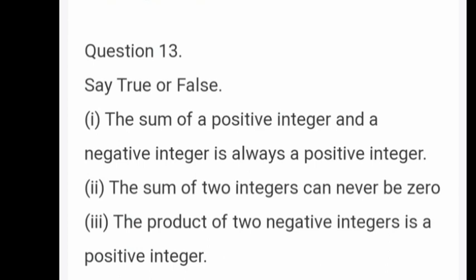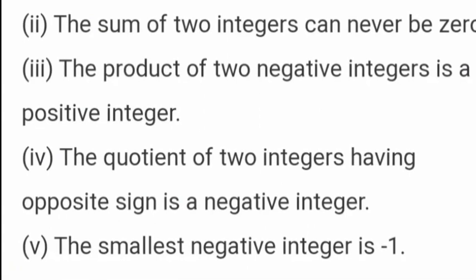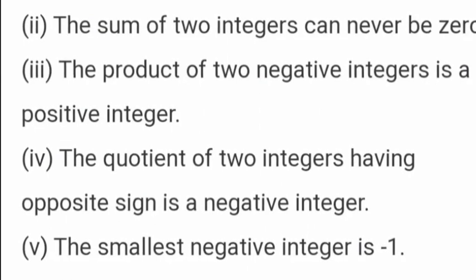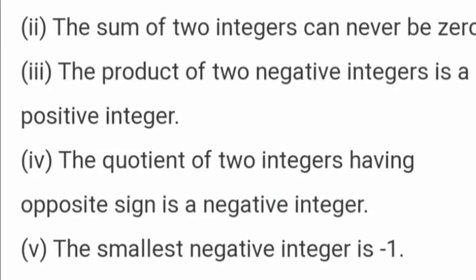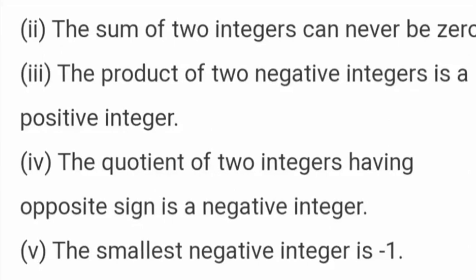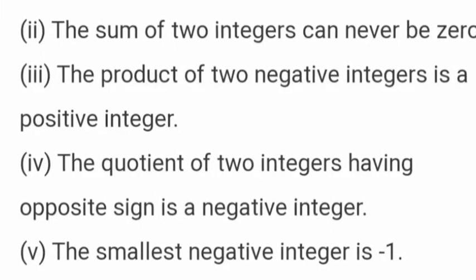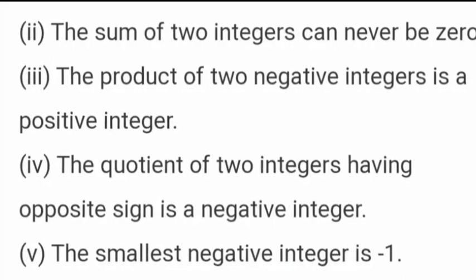The product of two negative integers is a positive integer, which is true. Next, question number 4. The quotient of two integers having opposite signs is a negative integer, which is true. And question number 5. The smallest negative integer is -1, which is false.